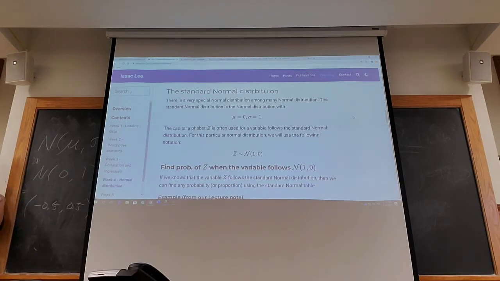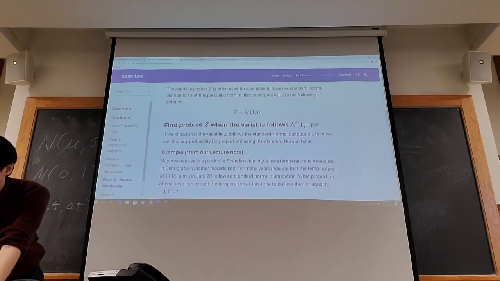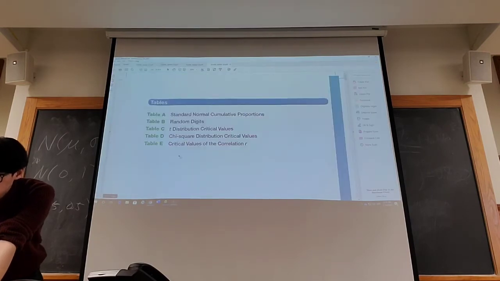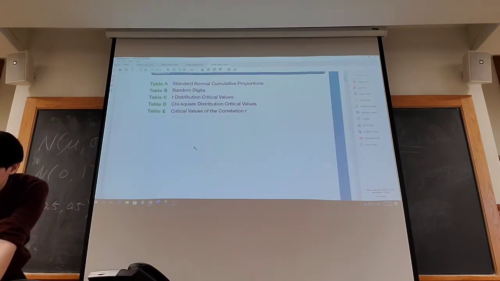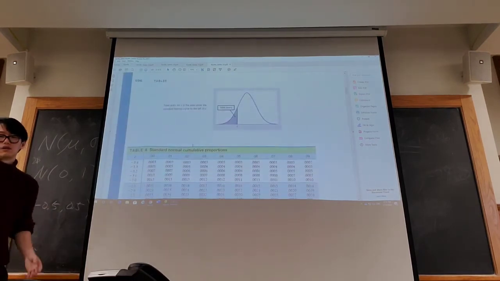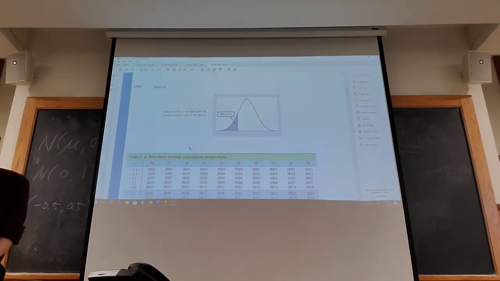Okay? People have already calculated every combination of the range in a table, and we call that a standard normal table. And you can click the link on my website. You can get the standard normal cumulative table, which looks like this. We have a table, and then we have the corresponding graph.